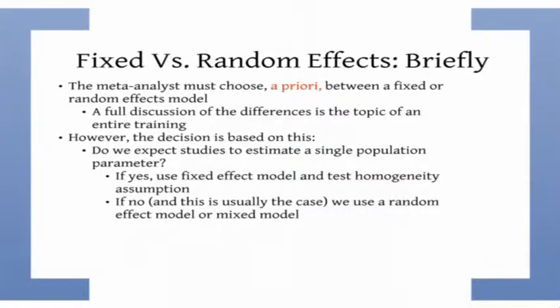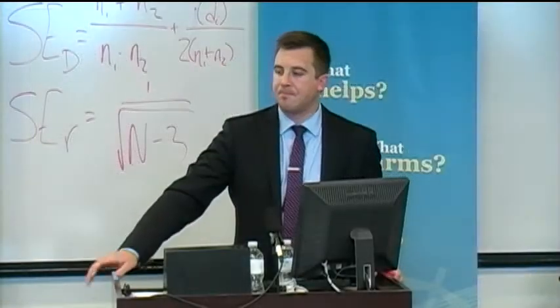But the idea is, do you think you're going to estimate, with your pooled effect sizes, one single parameter where the effect sizes only differ by sampling error, or do you think that you'll be actually estimating multiple parameters where the studies differ by sampling error and by some underlying characteristic that isn't explained just by taking the average of them?